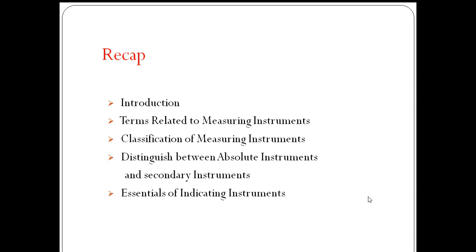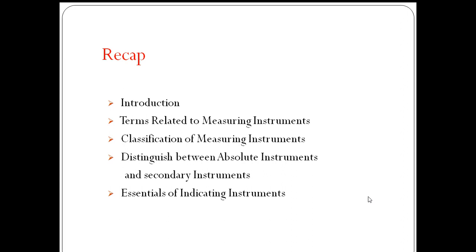After classification, we discussed the differences between absolute instruments and secondary instruments. Then we came across the essentials of indicating instruments: to move the pointer, to get the exact value, and to get the reading in an optimum time.